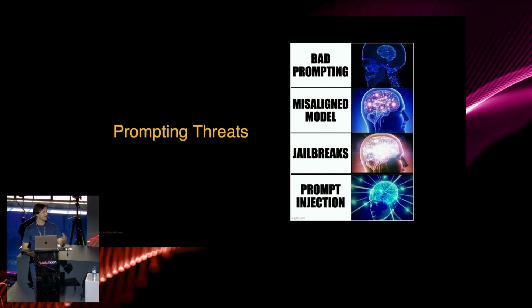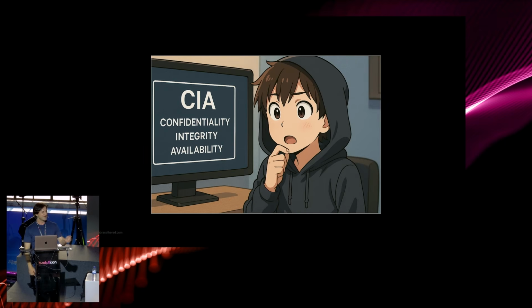When I say prompt injection, there's a more specific term called indirect prompt injection, and I typically mean indirect prompt injection, where there's a third-party adversary in the loop that can remotely do things. And this has a lot of security implications. It has implications on the confidentiality, integrity, and availability of your applications.